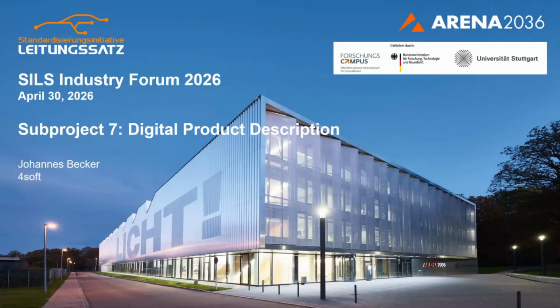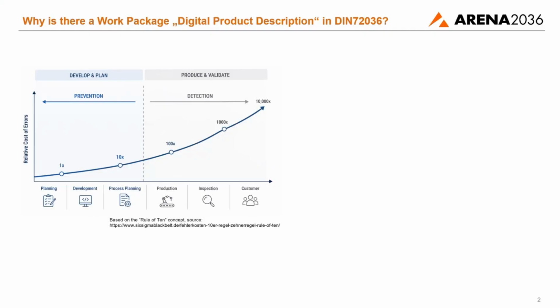So I have the pleasure to introduce you to sub-project 7, Digital Product Description. And I want to start with the question, why is there a work package digital product description in a standard like the DIN 7236?